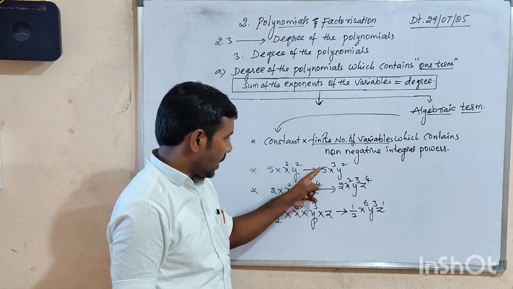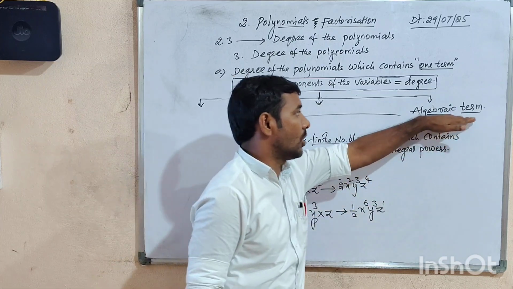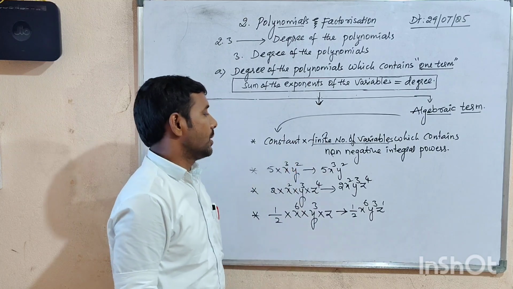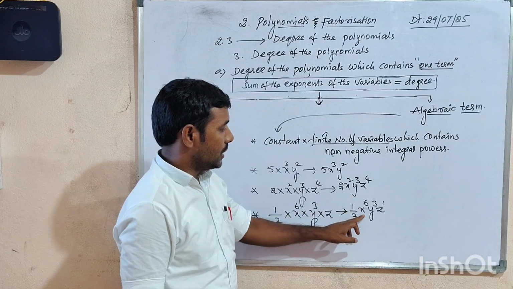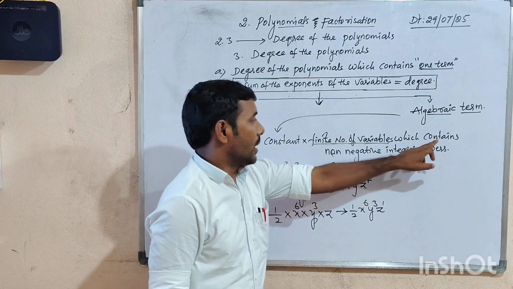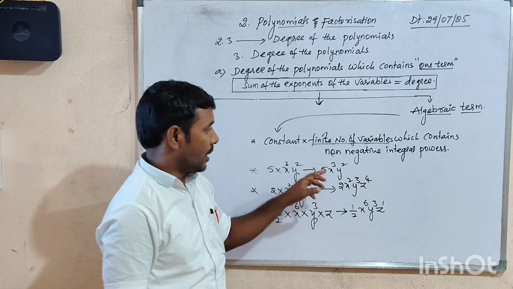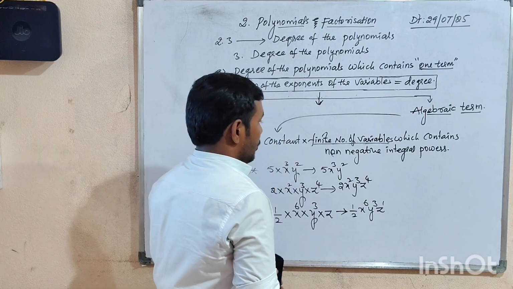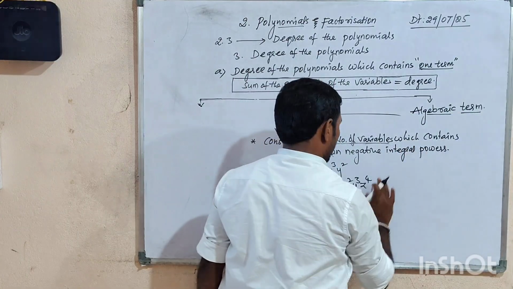I took here 3 examples which are related to algebraic terms, based on this condition only. So this is a polynomial, this is a polynomial, this is also a polynomial, because they contain non-negative integral powers of the variables. So mainly these three are the best examples for algebraic terms.